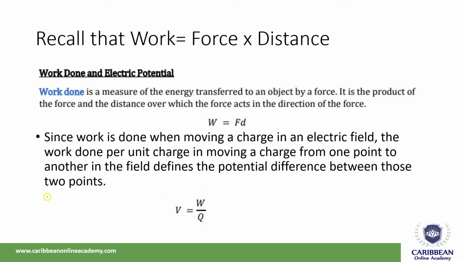So here we're seeing two equations. We started out with work done, which is just a measure of the energy transferred to an object by a force, and it is a product of force times distance.